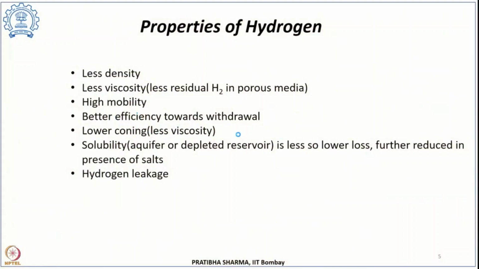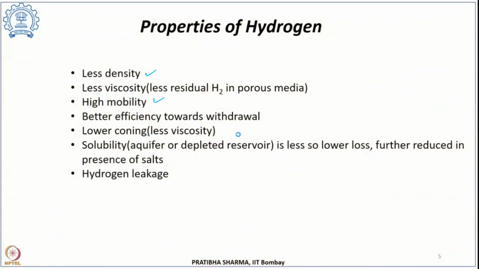The properties of hydrogen you have already studied: less density, less viscosity, high mobility, better efficiency toward withdrawal. Lower coning means less viscosity. These are the properties of hydrogen, and that's why we are going to store hydrogen in underground storage conditions.